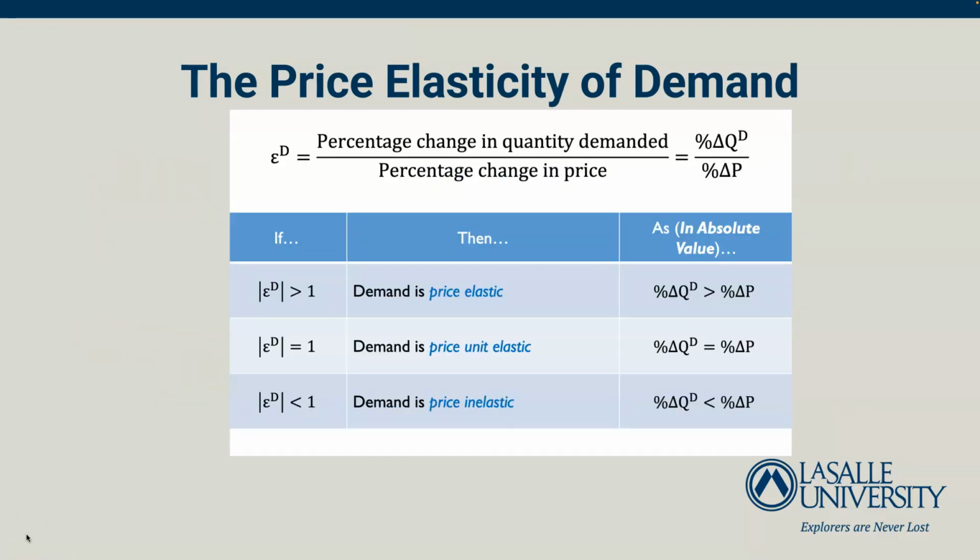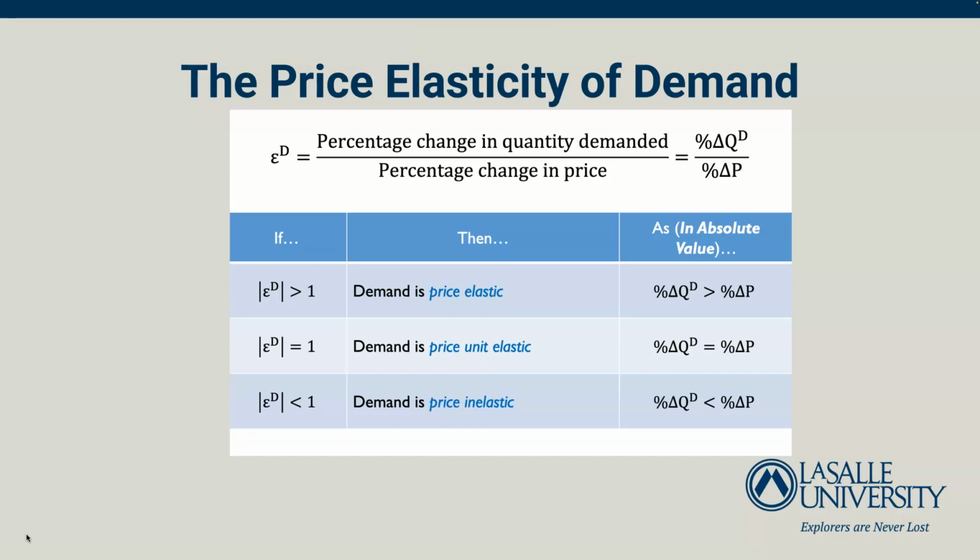So here's the formula for the price elasticity of demand, and whether we define demand as being price elastic, price unit elastic, or price inelastic. The price elasticity of demand, or epsilon D, is the percentage change in quantity demanded, where that delta triangle symbol represents change, divided by the percentage change in price.